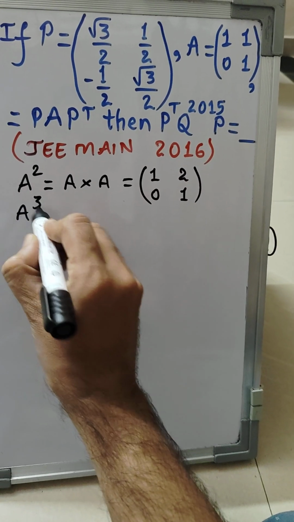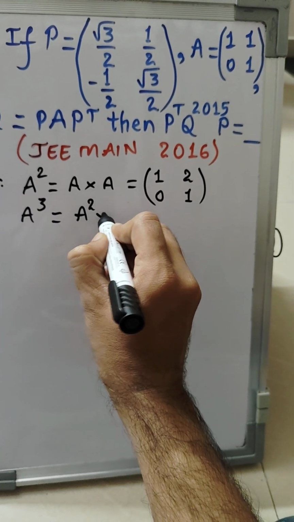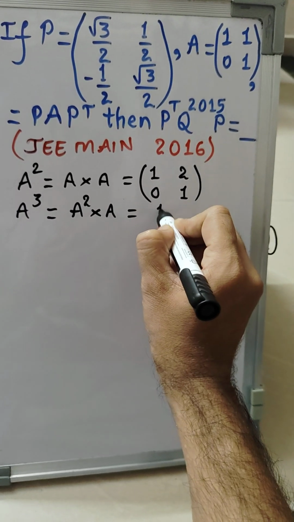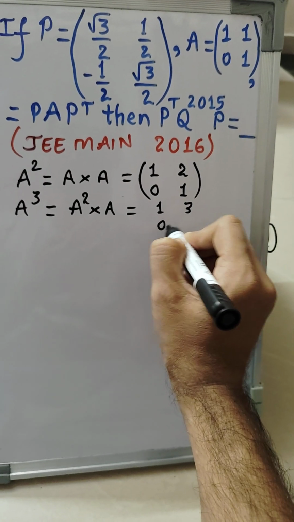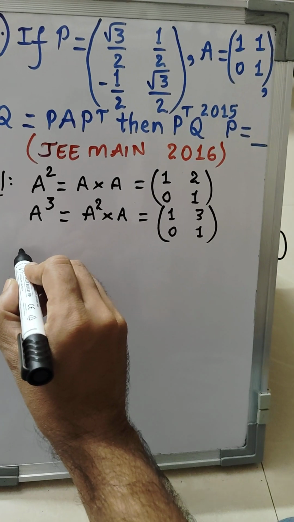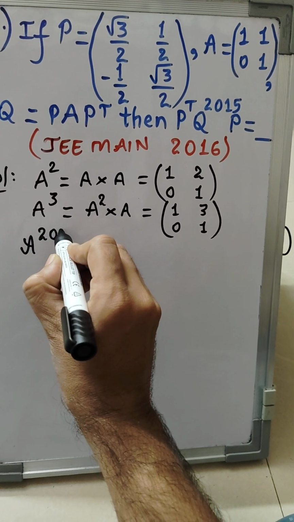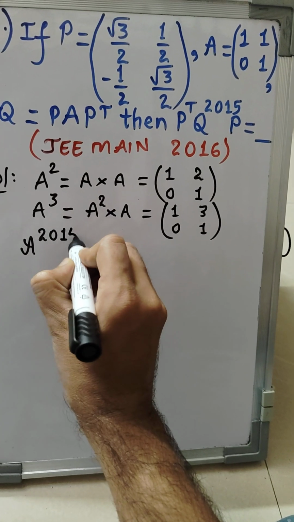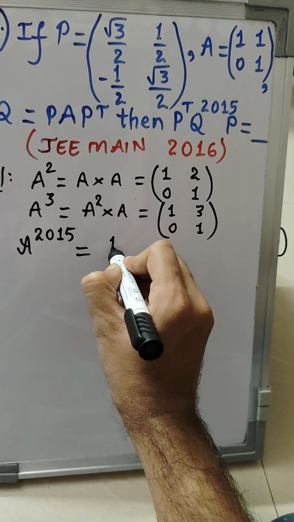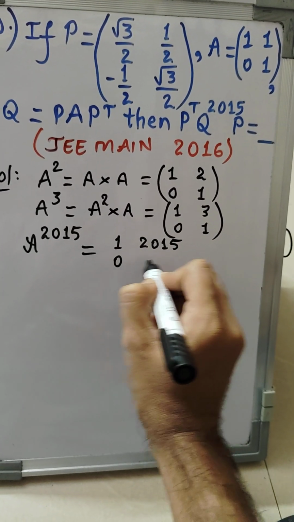Similarly, A cube is A square into A, which I can get as [1, 3; 0, 1]. So I will conclude that A power 2015 will be [1, 2015; 0, 1].